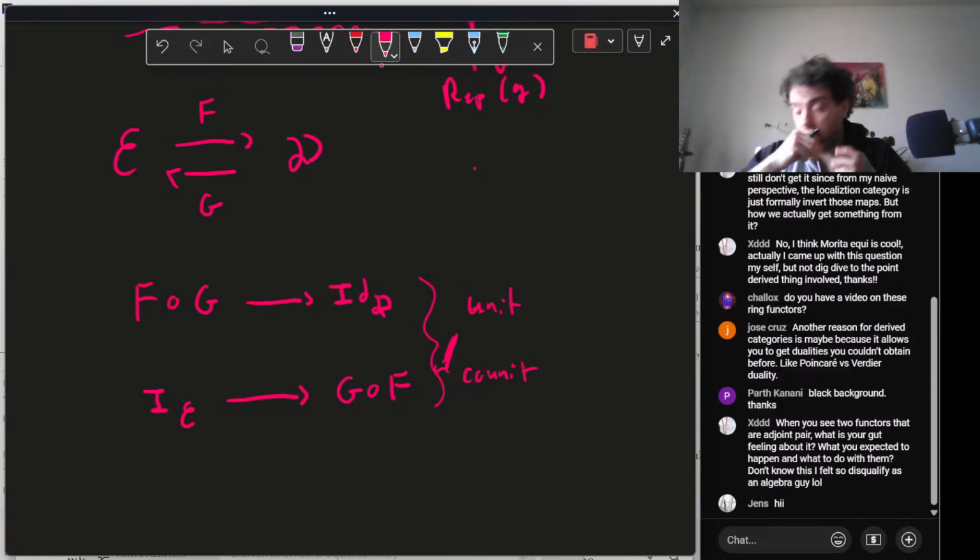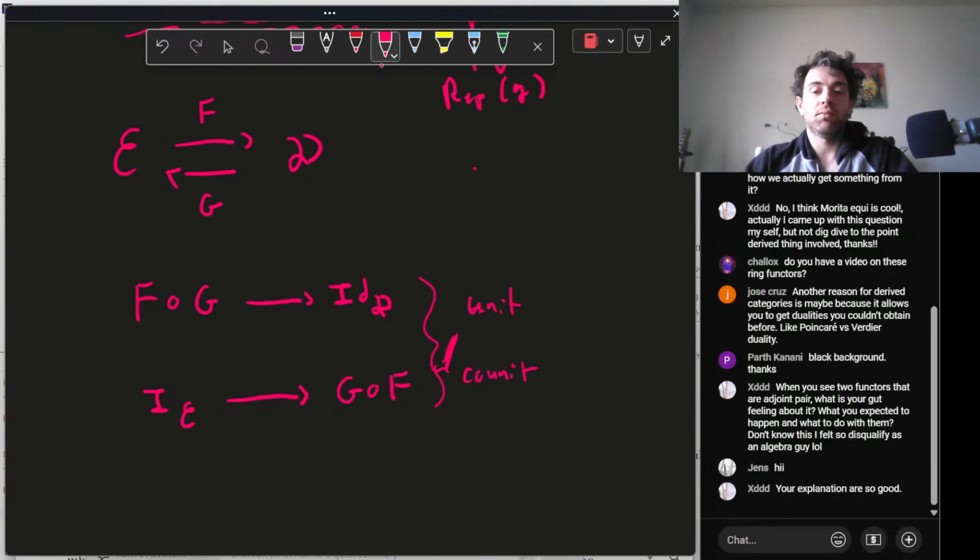So that makes it a little more precise what I was saying about how adjunction is this compromise where it's like, okay, we know that these categories aren't equivalent, but clearly there's some sort of deep relationship. There is some sort of significant connection. How do we codify that? This is one way to do it.